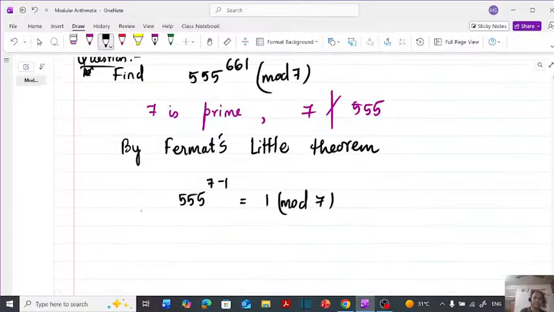So 555 whole raised to 6 is congruent to 1 mod 7.